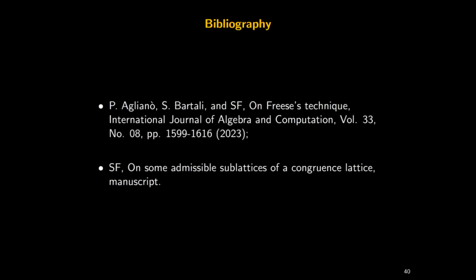So that's all, I guess, what I wanted to say. Those results appeared in the first paper that is published in the Journal of Algebra and Computation, and in a manuscript, the last complicated part I'm still working on. And I guess that's all, and thank you for the attention.